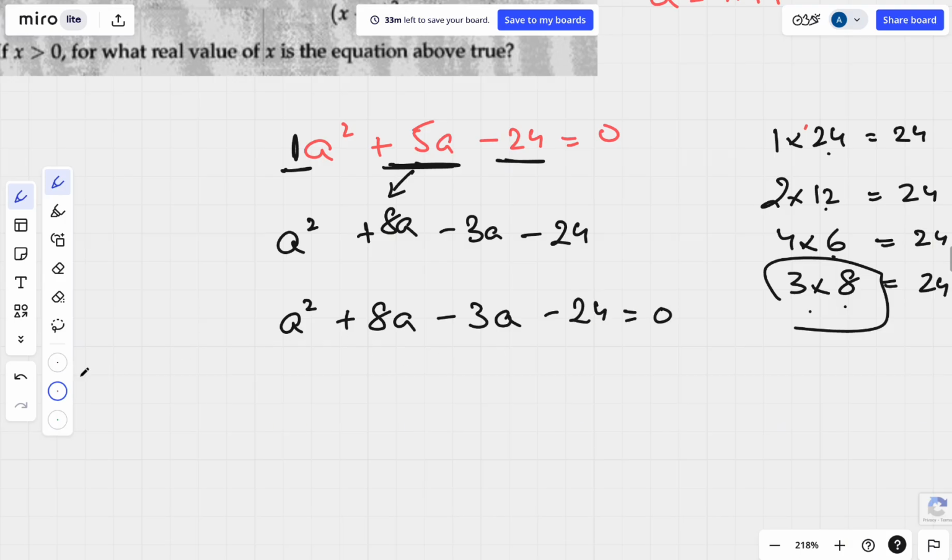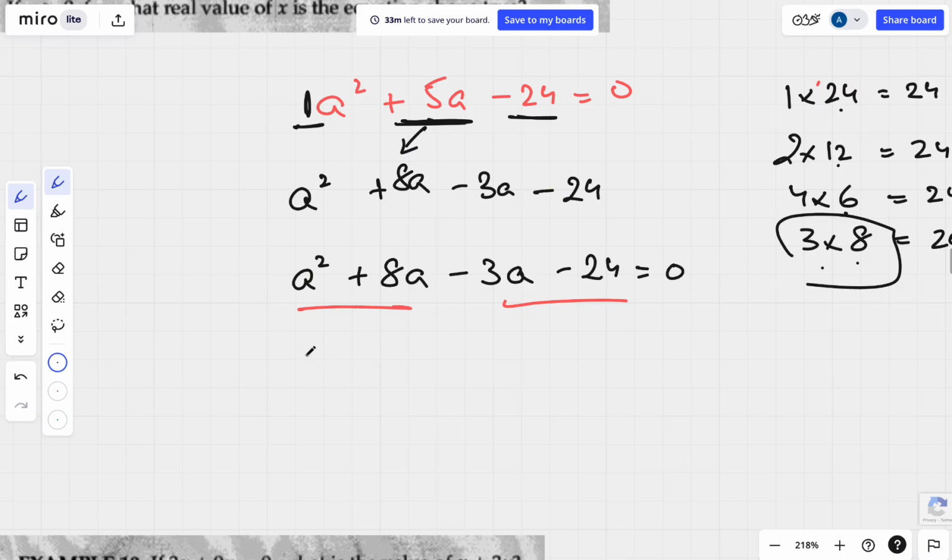We'll factor by grouping again, so this is the first group, this is the second group. In the first group, a is common, so a plus 8. And in the second one, we have negative 3, and then a plus 8, because negative 3 times 8 is negative 24.